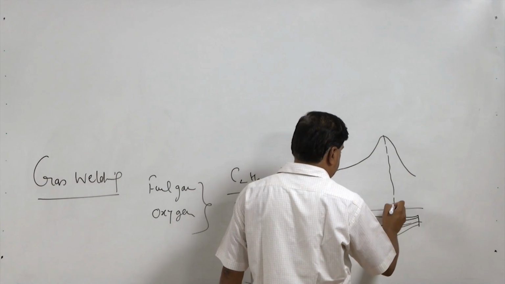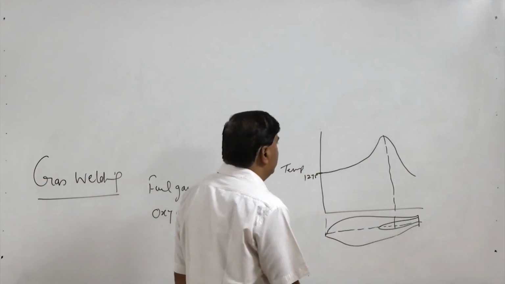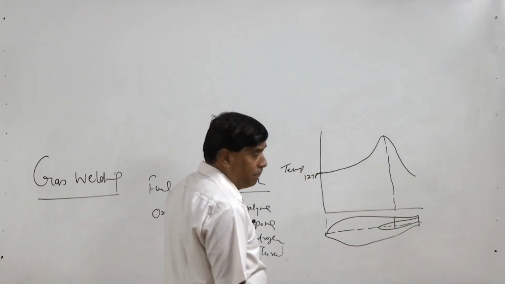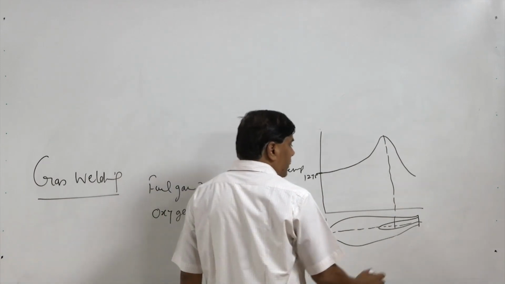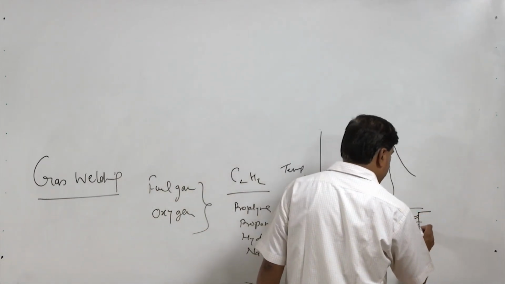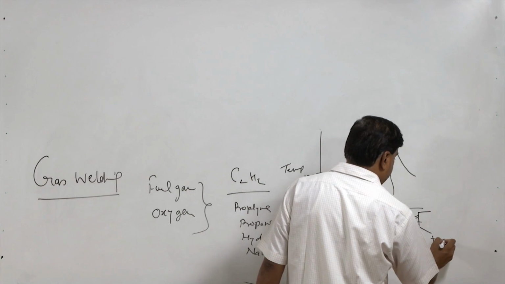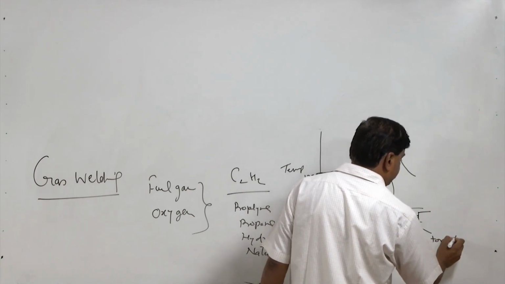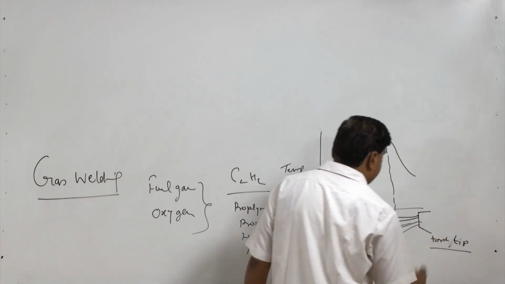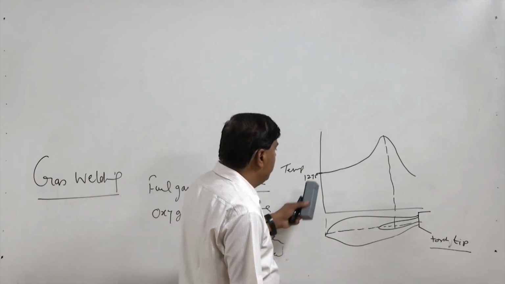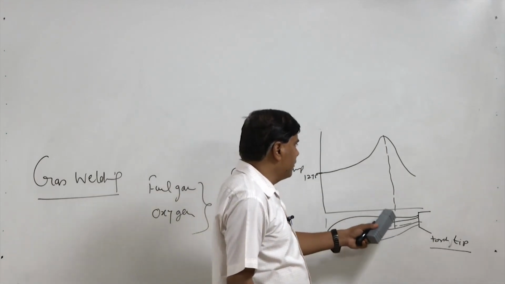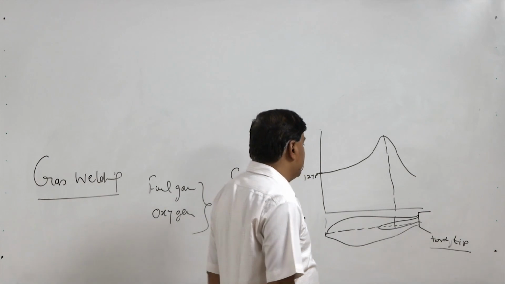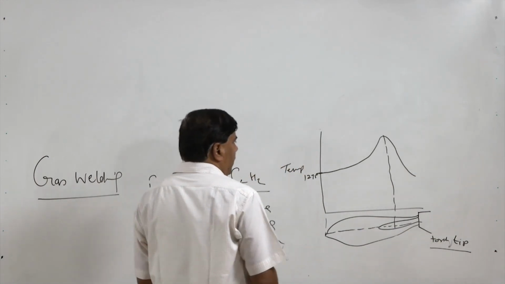So the temperature somewhere in the middle of the inner cone is found to be maximum, and this side we have the torch tip. So peak temperature occurs in the inner flame somewhere in the middle of the inner cone.